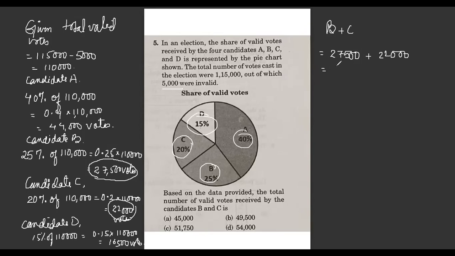The answer would be 49,500 votes. So the total number of valid votes received by candidates B and C would be 49,500. Option B is the answer for question number 5.